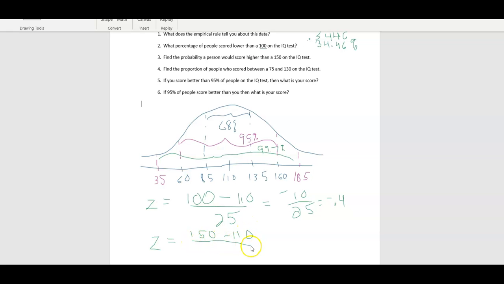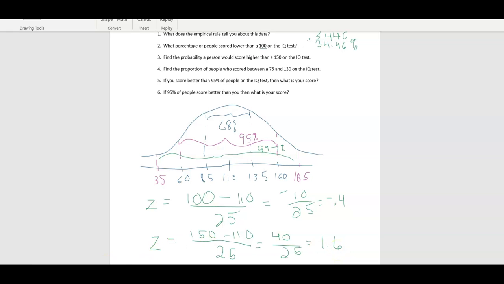Now our chart only gives us the probability that we're lower. So we're going to do something extra for higher or greater than. So let's see, this gives me 40 over 25. 40 over 25 will give me 1.6.